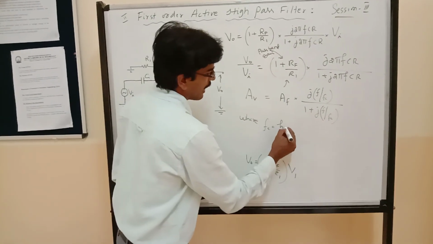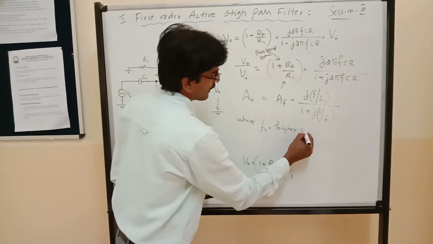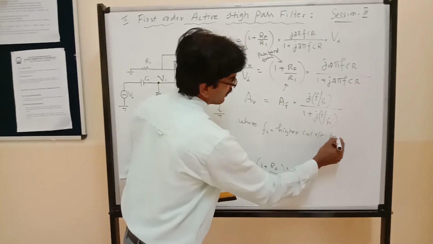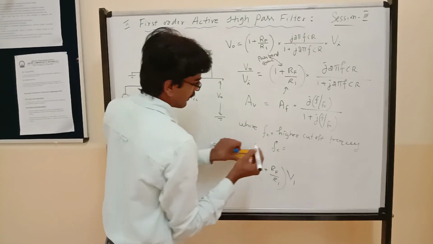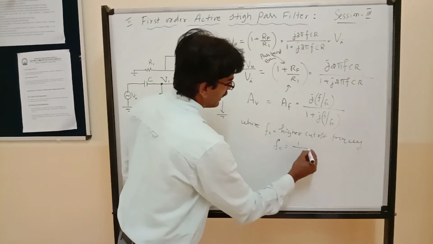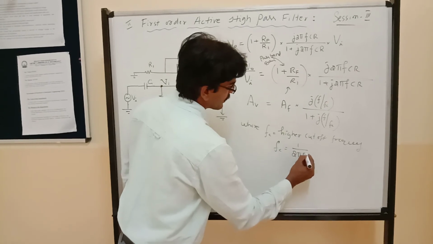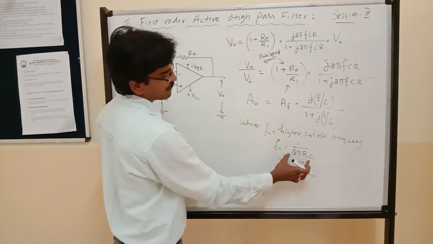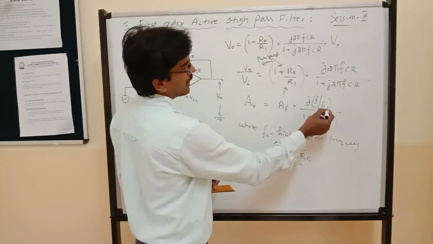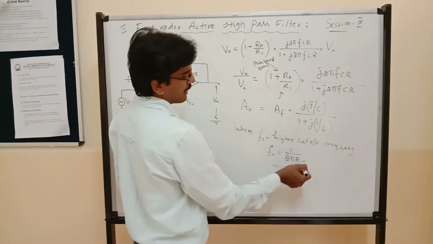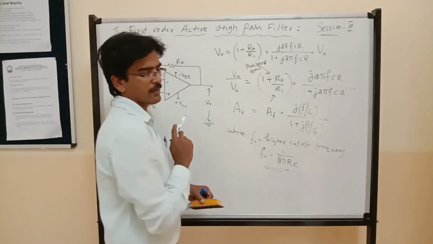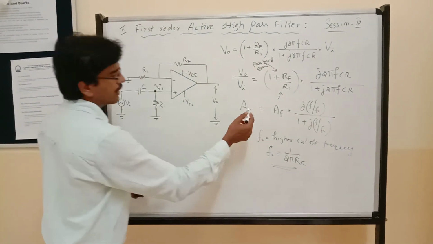FC is higher cutoff frequency, that is equal to 1 by 2 pi RC. So if I substitute the value of FC here, we get back the same thing. You can check it. So this is the equation.